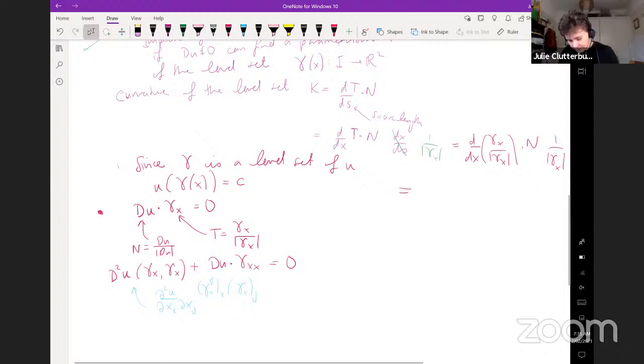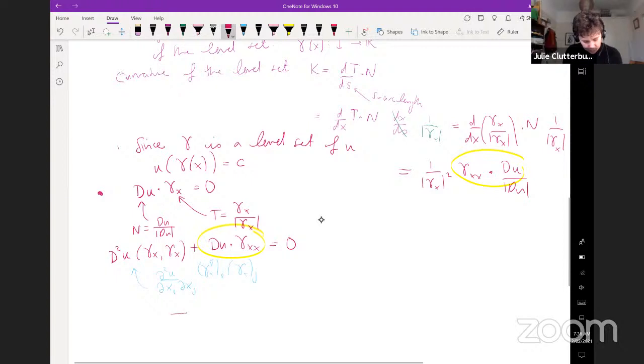And what I'm going to get is 1 over gamma_x squared, gamma_xx dot the normal. The normal here is, again, du divided by the length of du. And the reason I write this is that I wanted to recognize that this part and this part are the same. So here we've managed to pick up our curvature in terms of u.